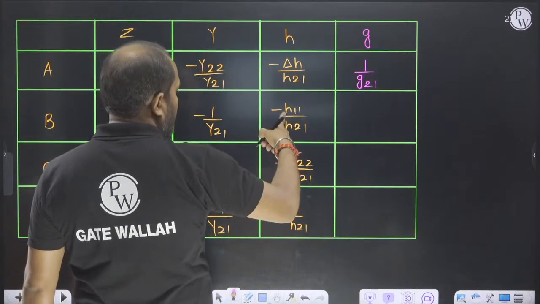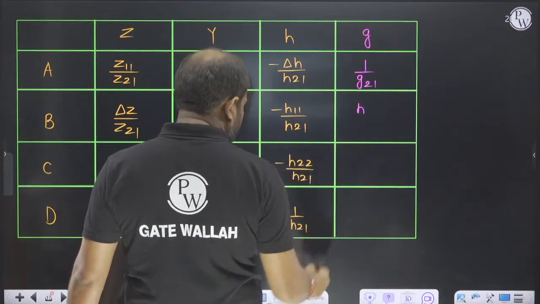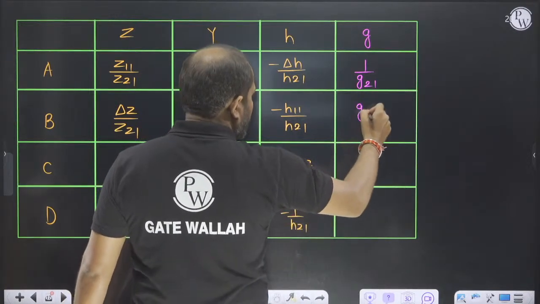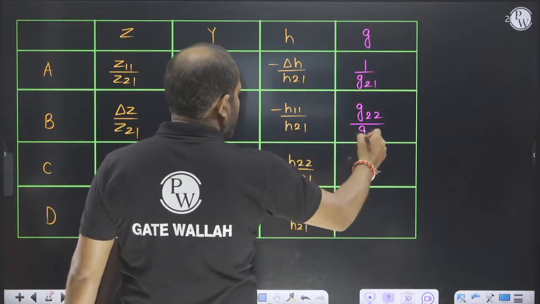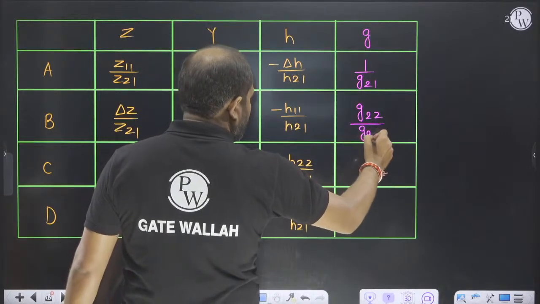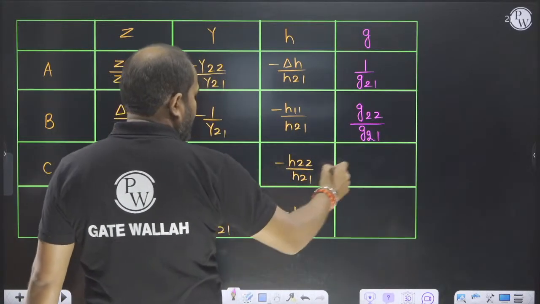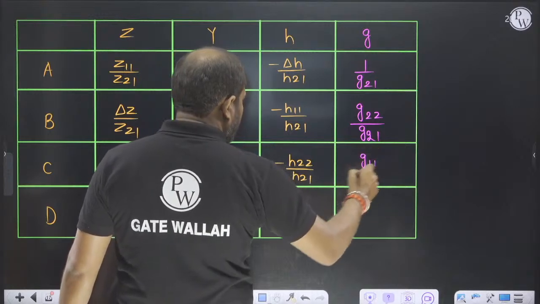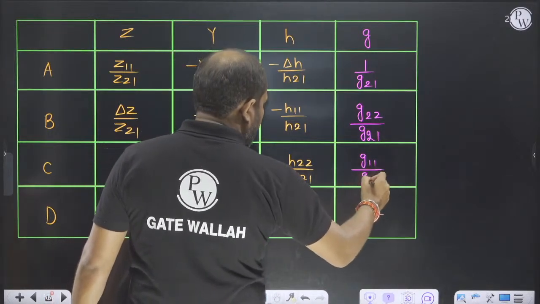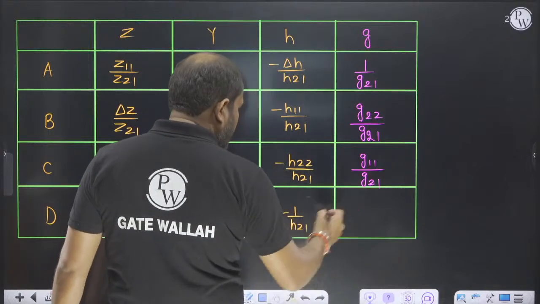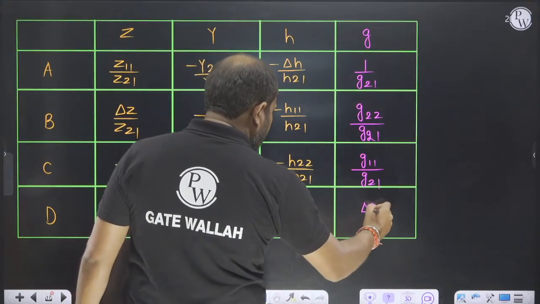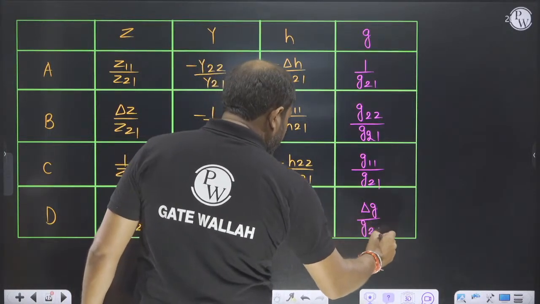In terms of 1 by H11, so H11 is G22, and it will be minus plus, G21, and G11, and delta G by G21.